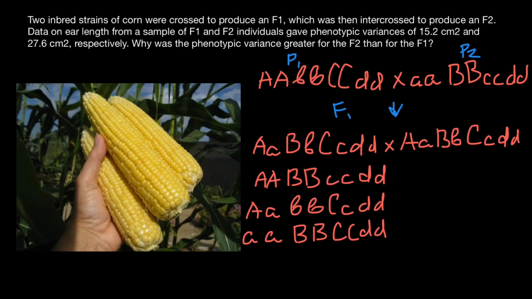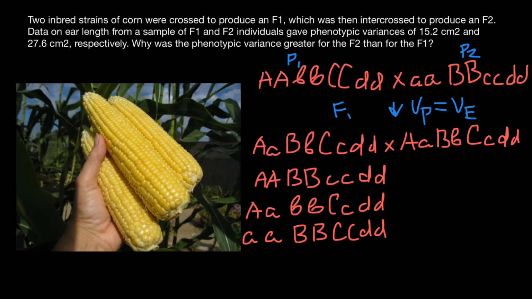Some can be damaged by insects. There also can be competition in the root system and many other factors like soil composition and so on. So we expect some variation in hybrids, which is the F1 generation, but all this variation is going to be due to environmental factors. So in the F1 generation, phenotypic variance would equal environmental variance.